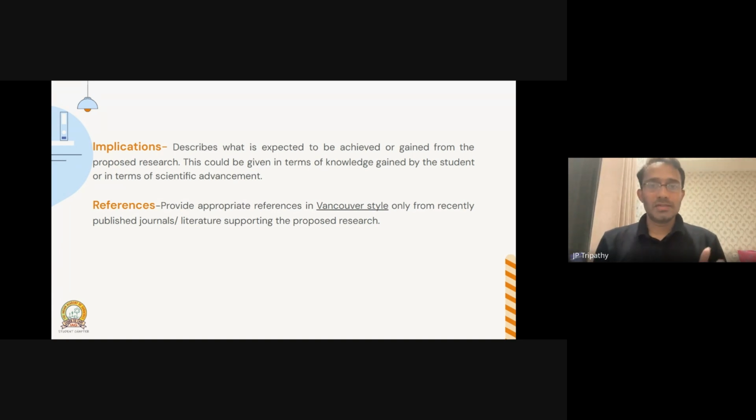So both the implications: implications in terms of your gain in knowledge, and implications in terms of giving more to the scientific body of evidence. And references, again, go through the guidelines.